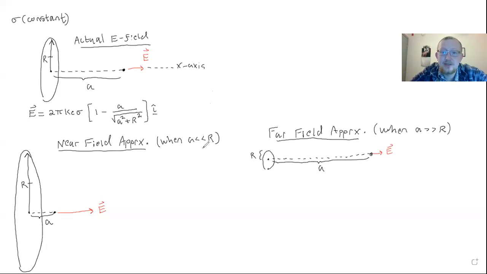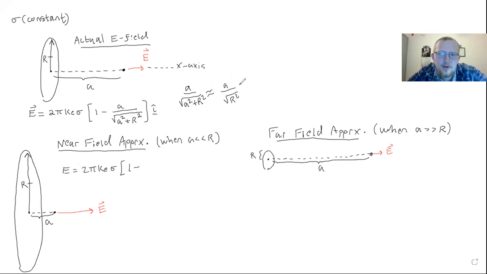So when a is much, much smaller than R, what ends up happening here is, so let me write it down here. I'm just going to write it as the magnitude. We still have the constants out front. And of course, we still have the 1 minus. But if R is much, much larger than a, then this second term here is essentially equal to this, right?